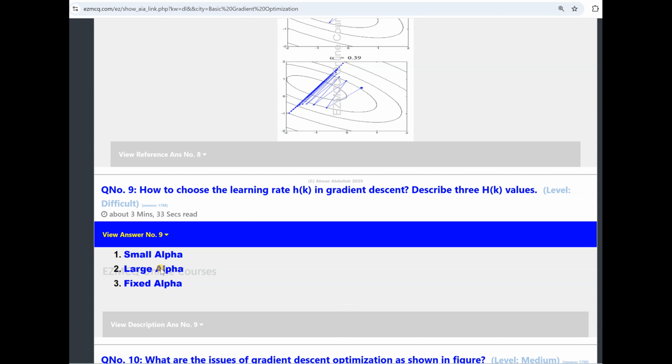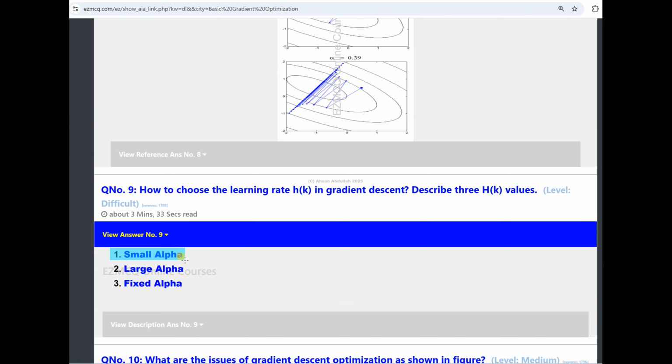The learning rate controls how big a step is going to be, how many iterations there will be, and how the loss function would be minimized. So there are three options: small alpha, large alpha, and of course fixed alpha.